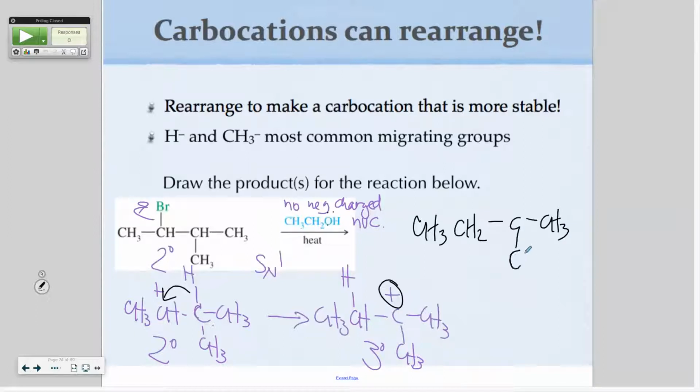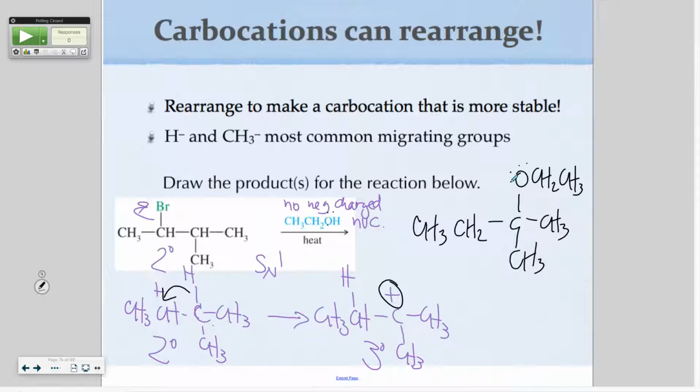Okay, and what's on here? Yes. Exactly. Okay, I want you all to make a note. It's not OH, because that CO bond there in that alcohol is covalent. The nucleophile will add and then you'll deprotonate.